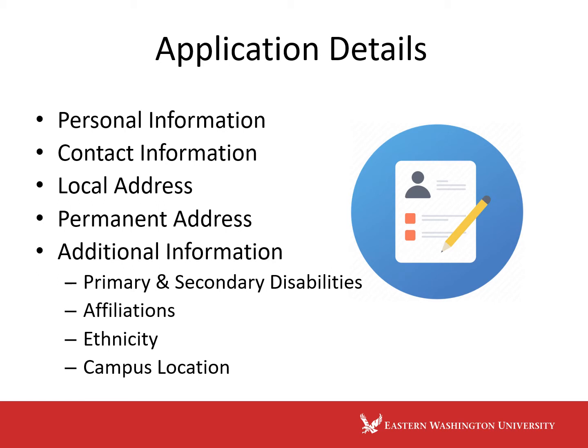Please note that your EWU Net ID and Eagle's email will be automatically filled in as soon as you log in. After the contact information section, you will be asked questions pertaining to your disability or medical diagnoses. And then there are a few more background questions to better understand your student demographic.